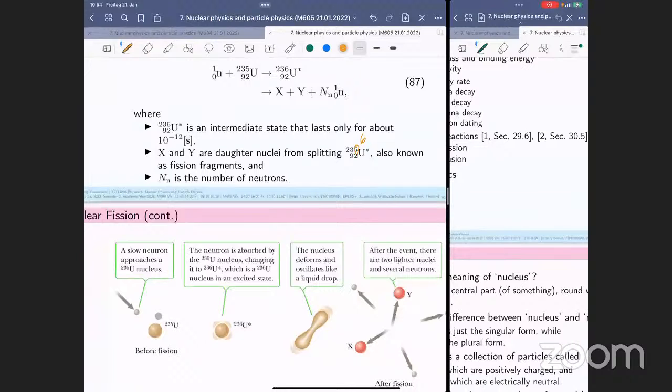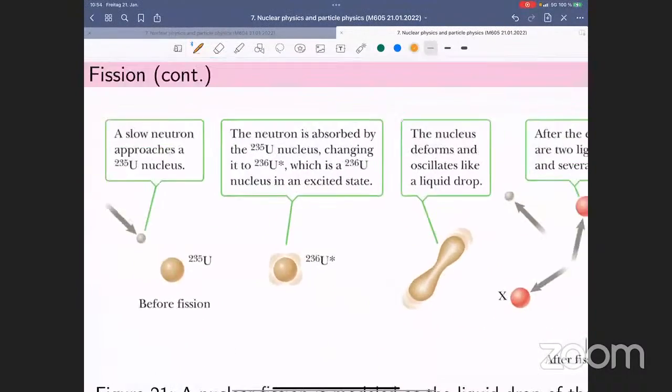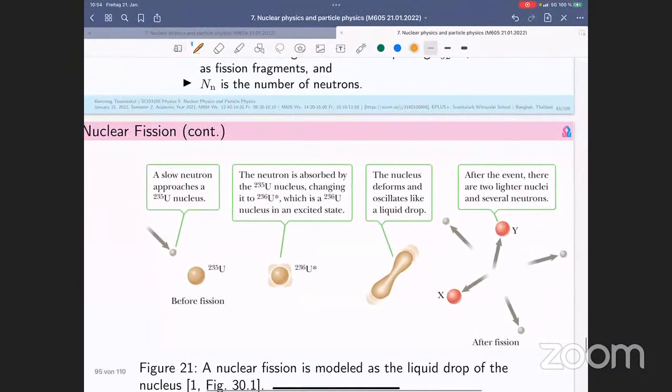The neutron is absorbed by uranium-235; the neutron just stays inside the nucleus. It becomes uranium-236 with a star, and uranium star means it remains in the excited state.